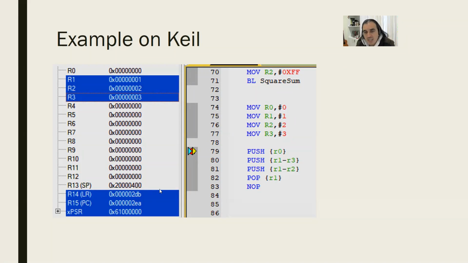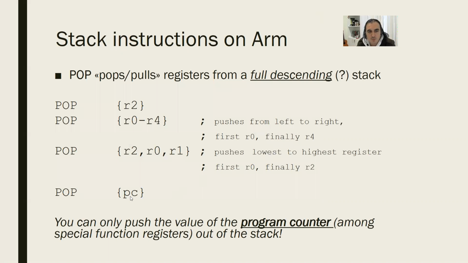When you push LR, this is R1, sorry. When you push LR, what happens is you get the value inside LR and you put it into the memory. And the same is for pop. When you pop PC, you get the value inside stack and write it to PC.